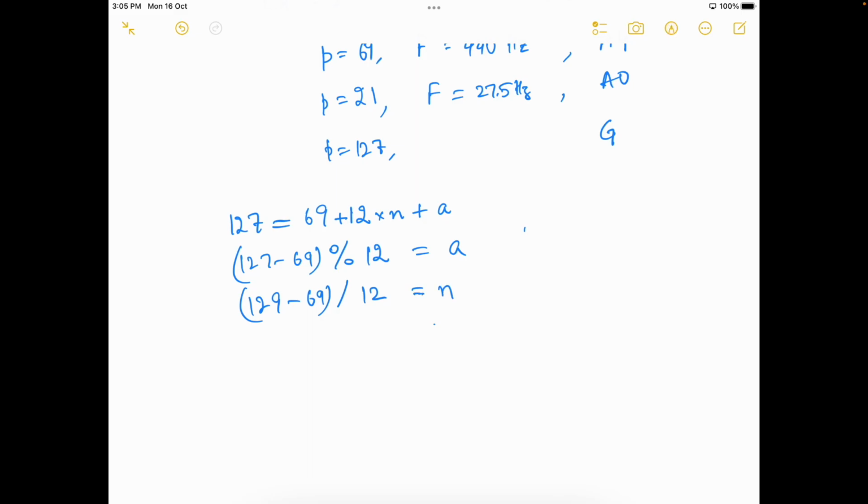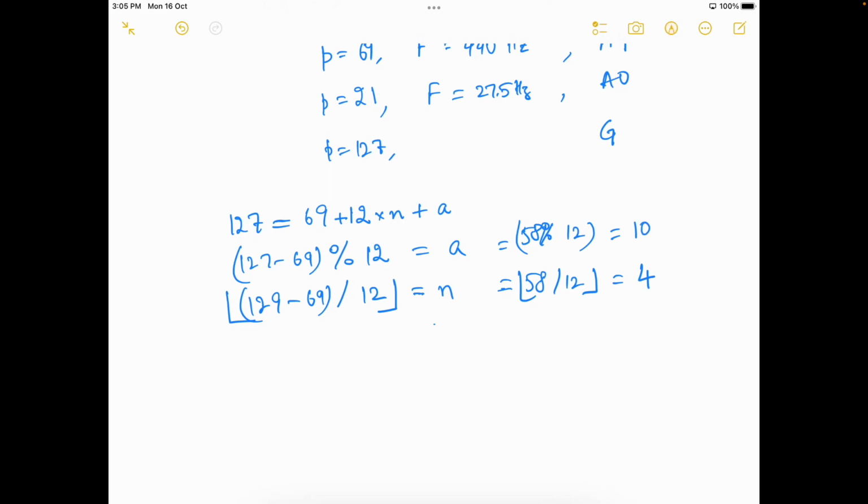And the quotient means you take the lower floor. So what is 127 minus 69? 58. So 58 divided by 12 comes out to be 4, and the remainder is 10.